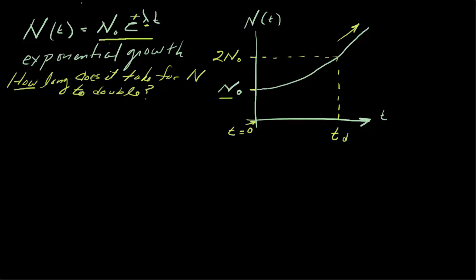Let's say after 1 year, we see that the population increases, and let's just say that this is t equal 1 year. After 1 year, the population increases, let's say, by 1%. So n increases 1% in 1 year.